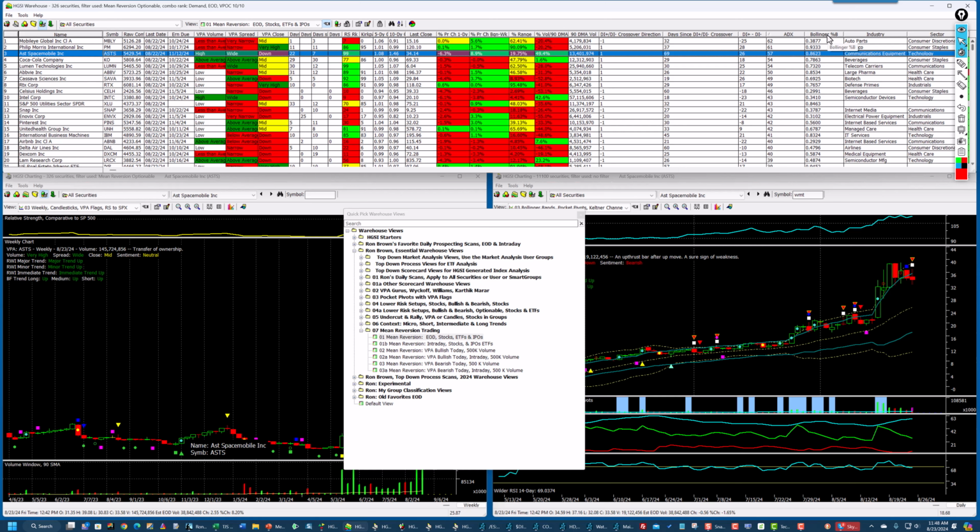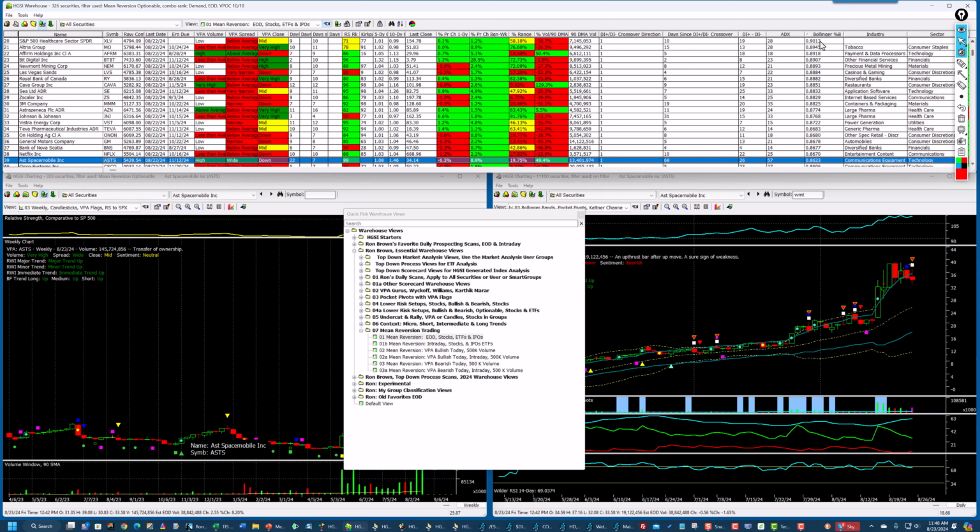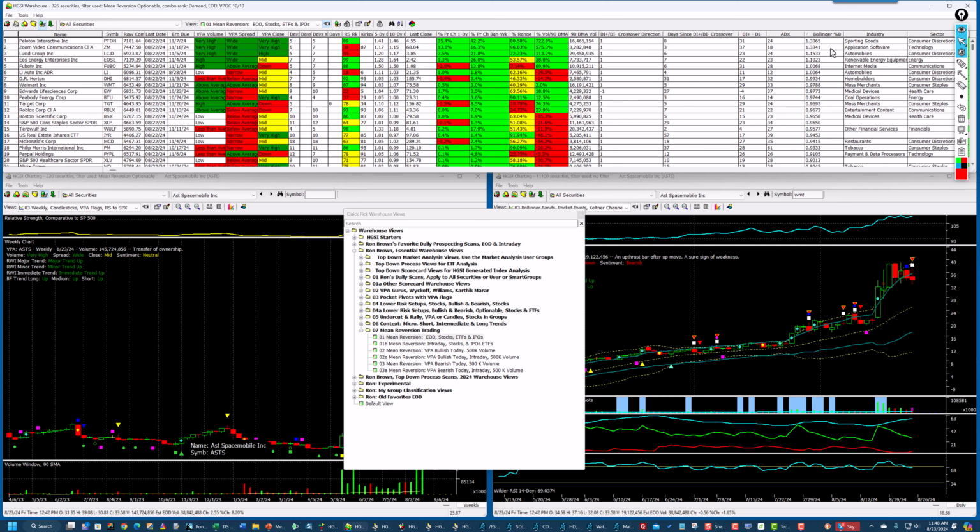Now the next column is the Bollinger Bands. Most of you are probably familiar with the Bollinger Bands. This is a volatility-based indicator, and the bands are from 0 down here, the dotted line, to 100, and this number represents where the last price was as of the closing price last night, between where it's located in the bands.